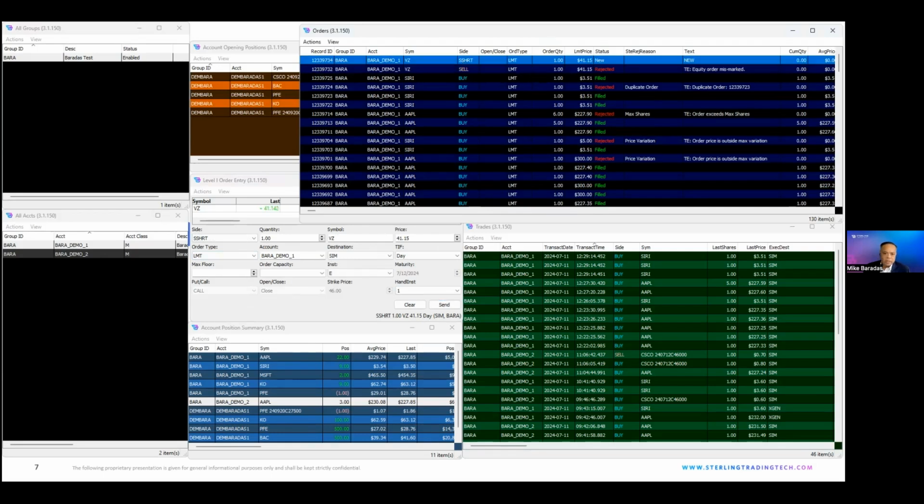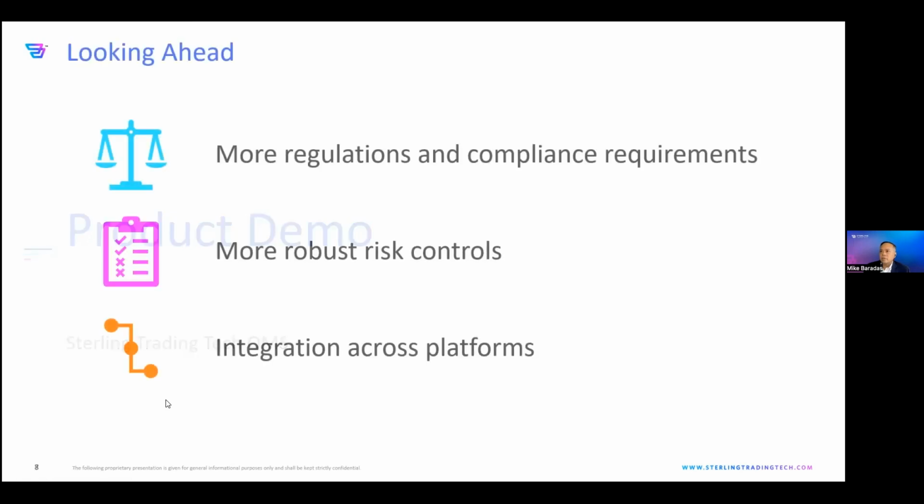I know we're at our time, and I apologize that I went over, but I just wanted to give you a quick look ahead. Hopefully this was a useful demo for you. Looking ahead, we expect, just like you do, more regulations and compliance requirements coming up that you need to comply with.